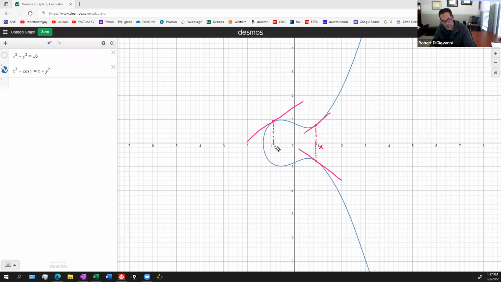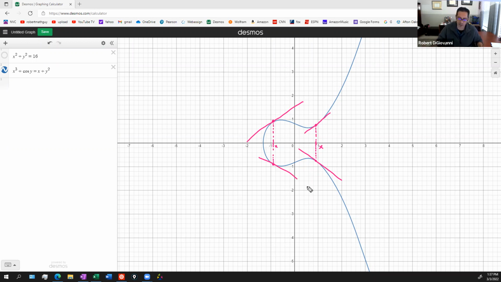This X corresponds to another Y value, and there's a different tangent line there. So with these implicit equations, we no longer have traditional functions with a vertical line test. We can pick an X value, but have multiple outputs. And so it's really tough to talk about tangent lines. Is this making sense?